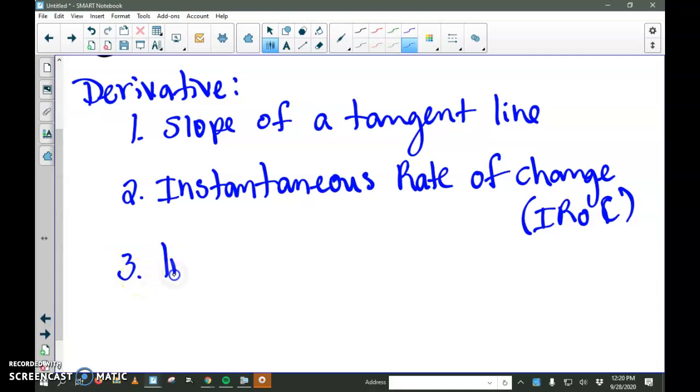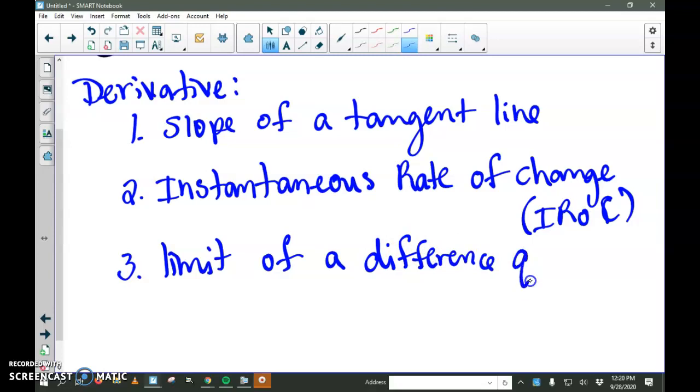It's the limit of a difference quotient. And a difference quotient is basically what it sounds like. It's the division of differences, and so it's the slope formula.